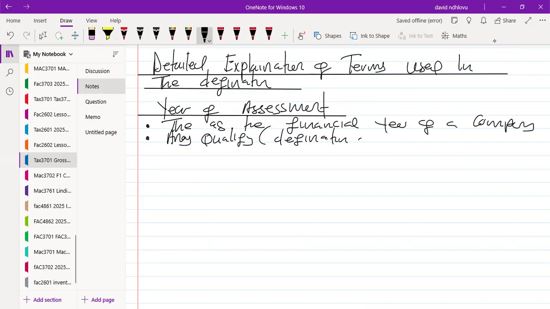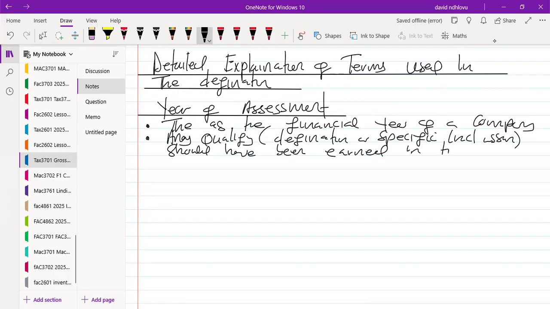Right, either on the definition or specific inclusion, should have been earned in that year of assessment. So you can't have a claim of income that did not originate in that particular year.